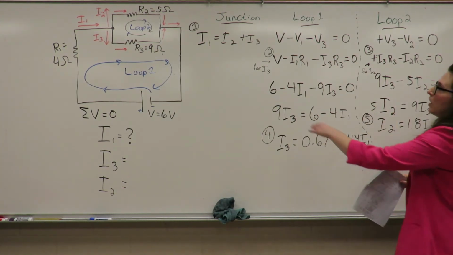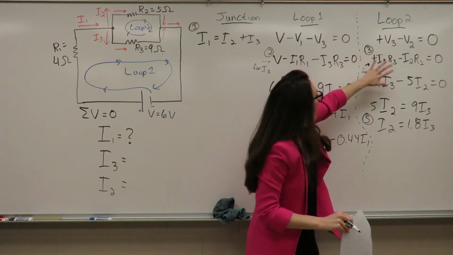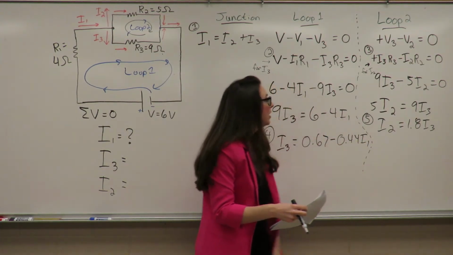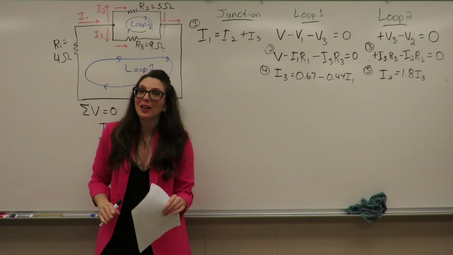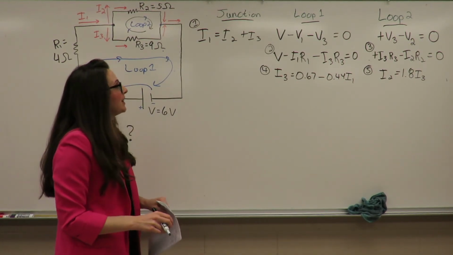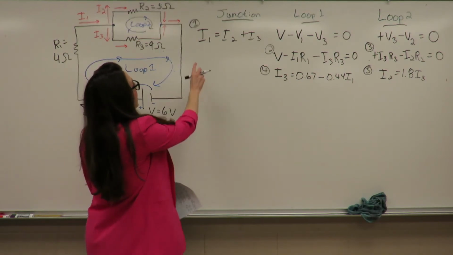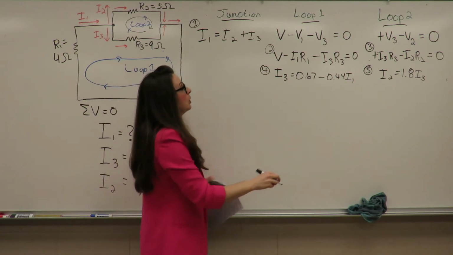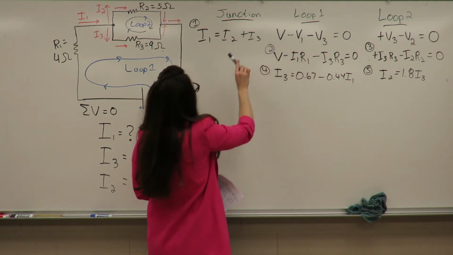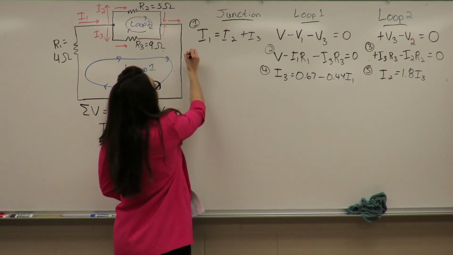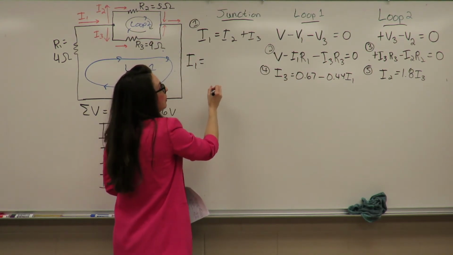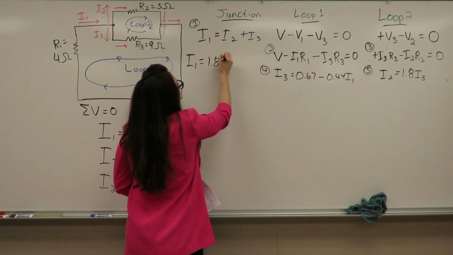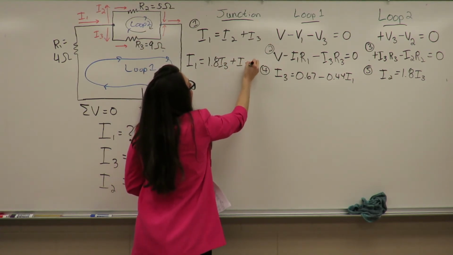Okay, so I started with my first equations 1, 2, and 3. I did some algebra in order to get my equations 4 and 5. I told you that there was a lot of algebra with this problem. For my next step, I'm going to take equation 1 and substitute equation 5 into it. So I1 is equal to, where I have I2, I'm going to put 1.8 I3 plus I3.